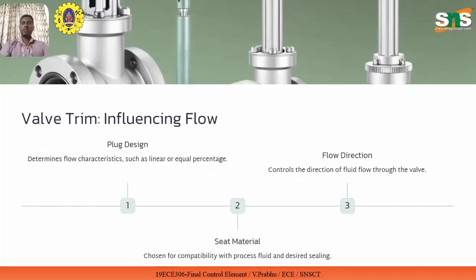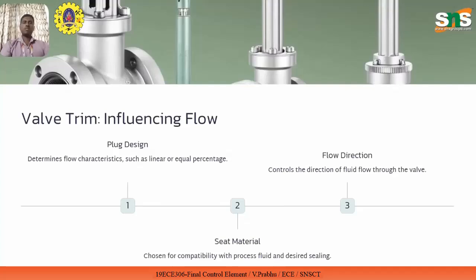If it is an equal percentage, for every percentage of valve opening, the same percentage of increment in valve flow will occur. So that is called equal percentage. Whereas for a quick opening, even for a small valve travel, the output flow will be high. So it will be exponential to the valve movement.